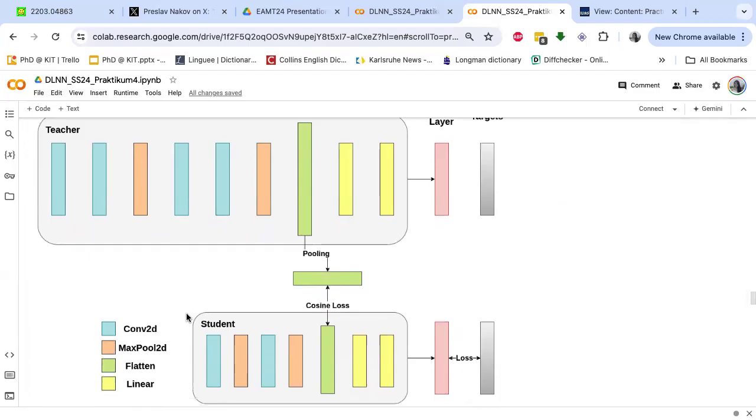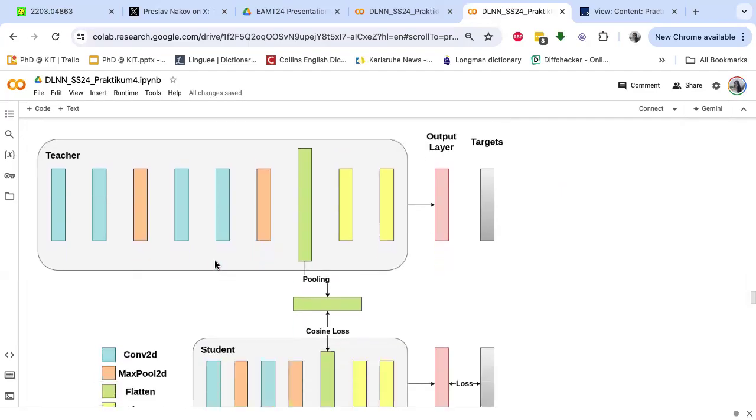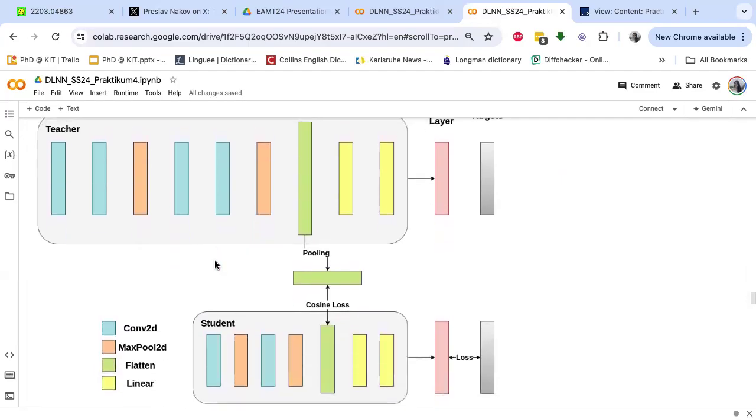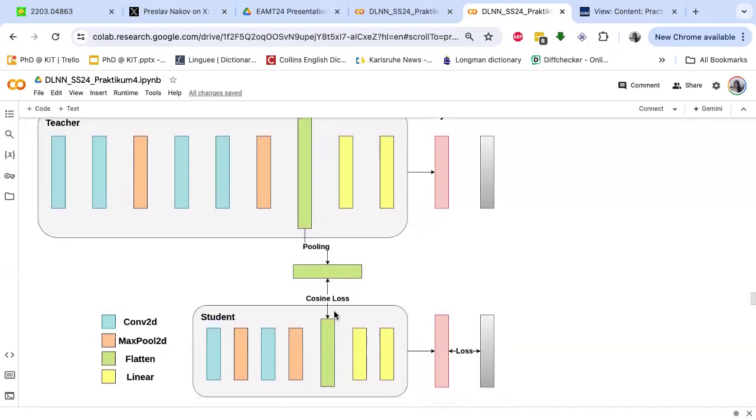So I'm not particularly sure what is the normal way in this case, but I think what you're referring to is most similar to the second section in the practicum, where we just try to maximize the similarity between the hidden representations of the teacher and the student of these two corresponding layers.